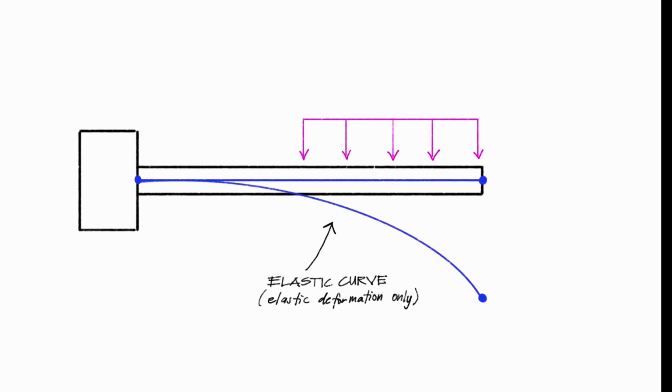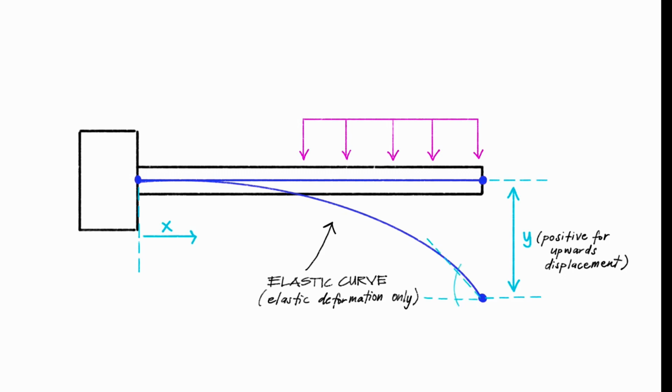We can denote x as the distance along the beam's axis and y as the vertical deflection. Our goal is to determine how y changes along the length of the beam while assuming there's no displacement along the x-axis. We're also interested in the beam's angle of rotation, theta.